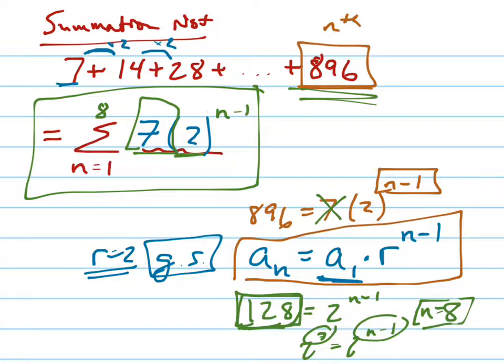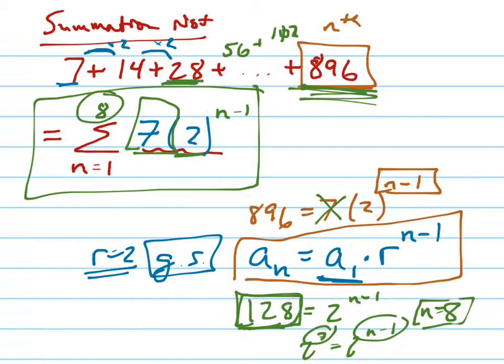If that was too confusing, another way you could have done it is by brute force. You could keep multiplying by 2 until you get to that number, and then count up the number of terms you had, and you're going to have 8. So multiply 28 times 2, you get 56. Multiply 56 times 2, you get 112.